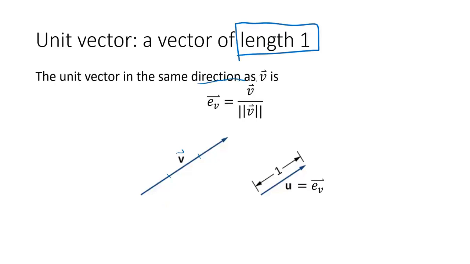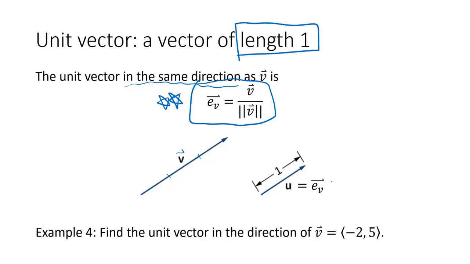So this is the formula we use to find the unit vector of a vector in the same direction. All we need to do is take the vector itself and divide it by the magnitude, like what we did here in the picture. Then we get the vector with magnitude 1, but still in the same direction. So that's the unit vector we want to find.